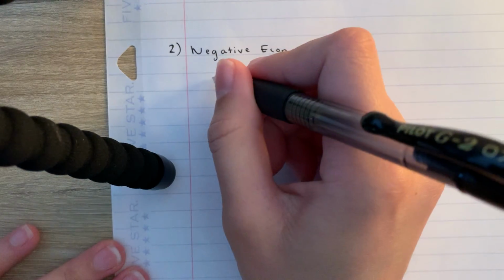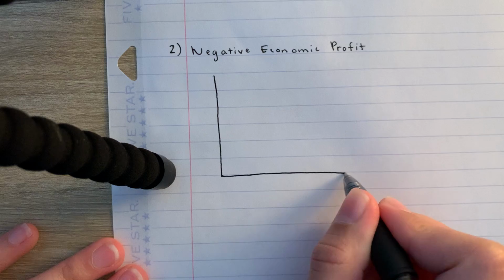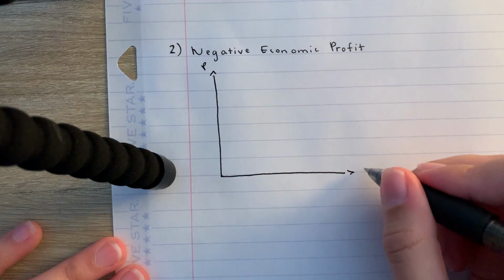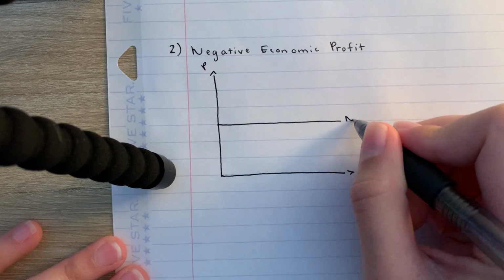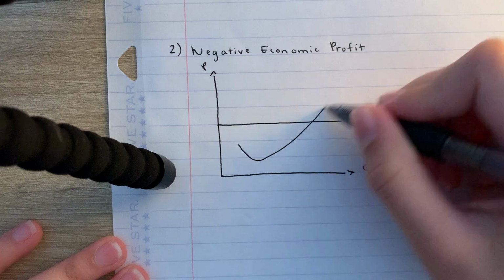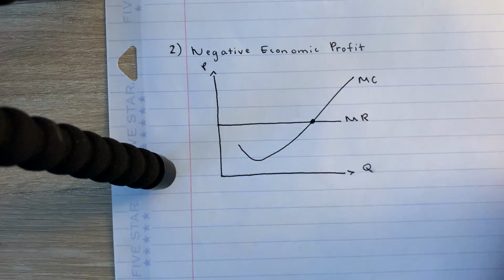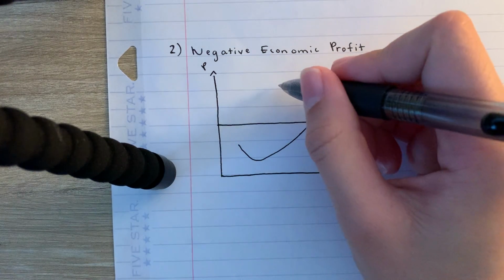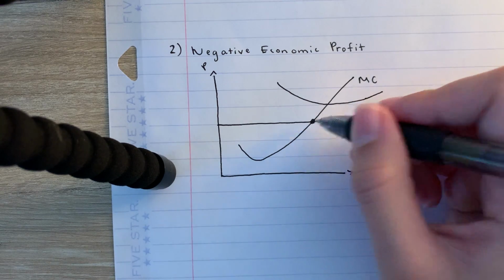All right, we'll just draw our usual profit maximization graph again. All right, here's our marginal revenue curve, marginal cost curve. And here's the important fact. So for negative economic profit, the ATC curve is going to cross above where MR crosses MC.